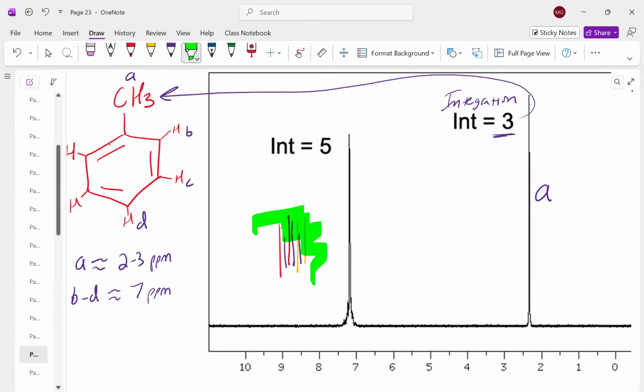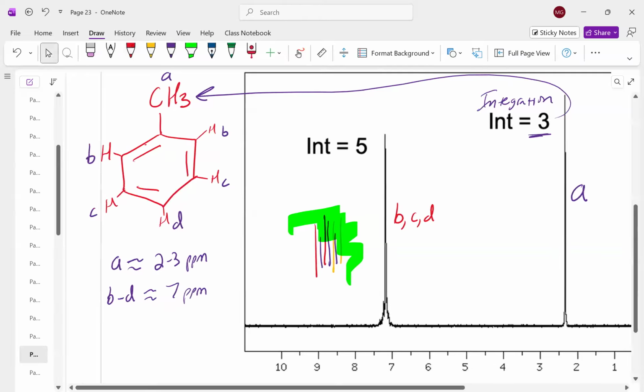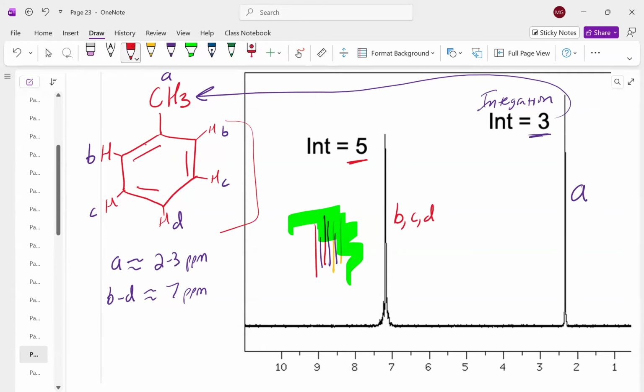But it's where we predicted. We predicted it should be somewhere around 7. So this clump of signals represents hydrogens B, C, and D. But notice that by taking the integration of that huge clump of signals, it comes out to a value of 5. Well, how many B, C, and D hydrogens are there? Well, there's a total of 5 of them: 2 B's, 2 C's, and 1 D.